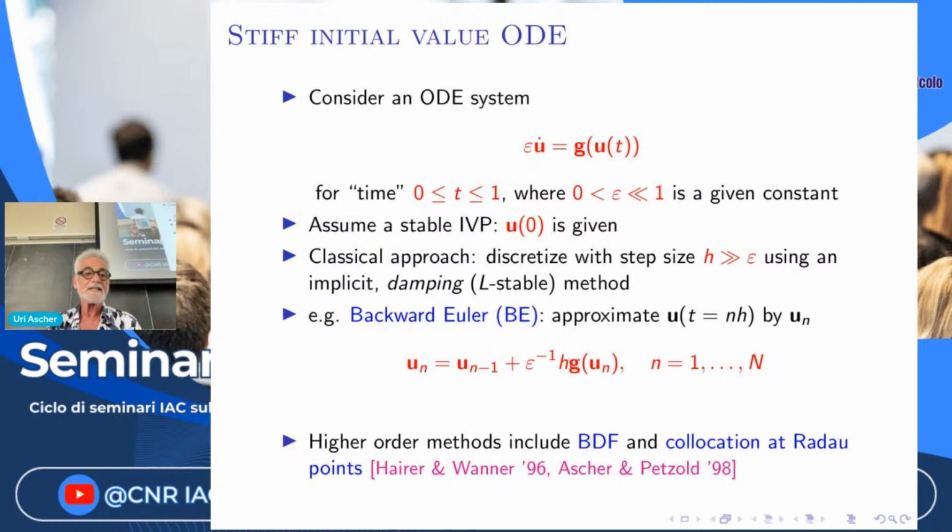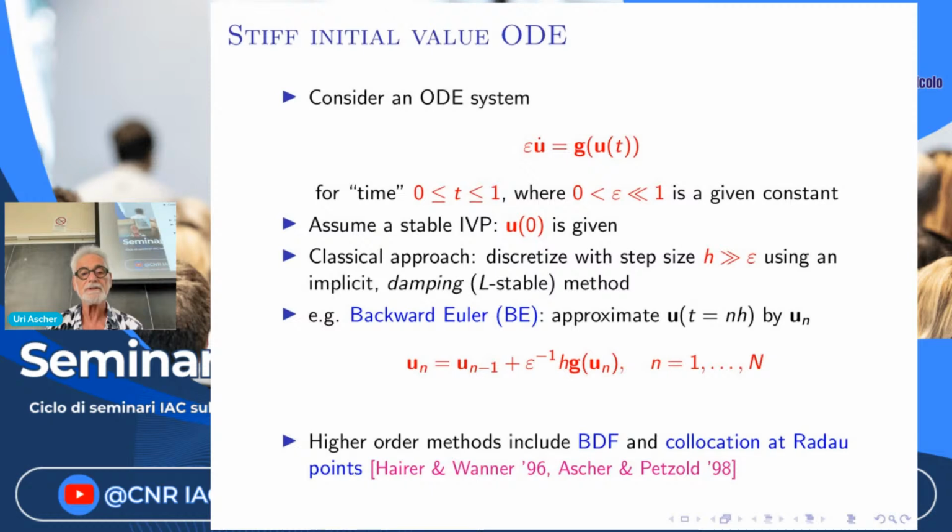And you assume that this problem is stable as an initial value problem. The classical approach here is to discretize for step sizes h much greater than epsilon. h was delta t before, and now it is h because there's no delta x. And people said, let's use damping methods, L-stable, like backward Euler.